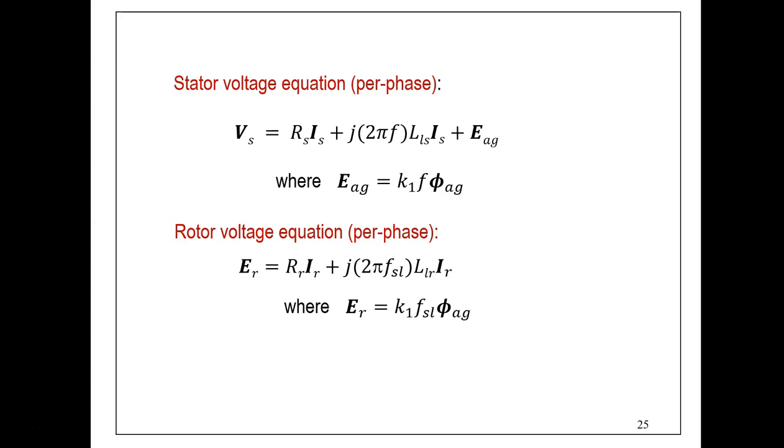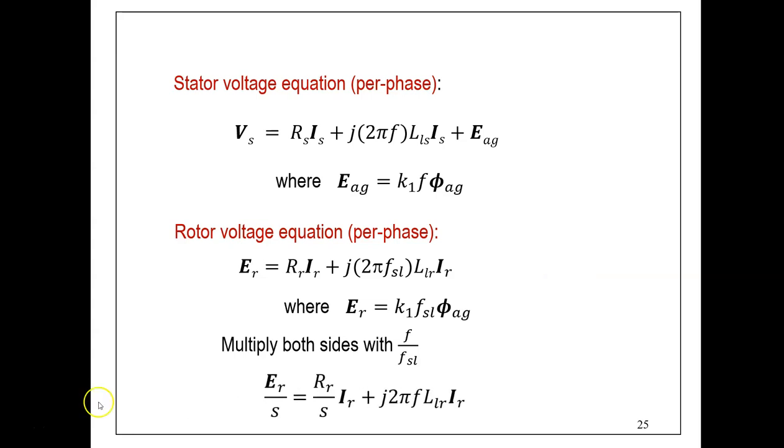Notice that the frequency of the induced voltage on the rotor is at slip frequency fsl. The two equations here cannot be combined because they have different frequencies. In order to combine the two equations, we need to multiply the second equation with f over fsl. If we do that, then we end up with these equations here.